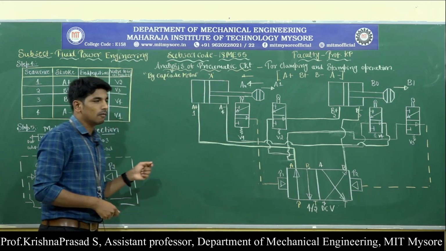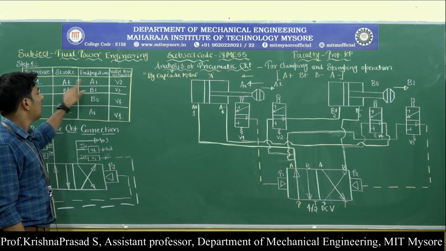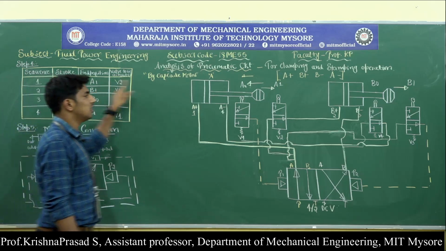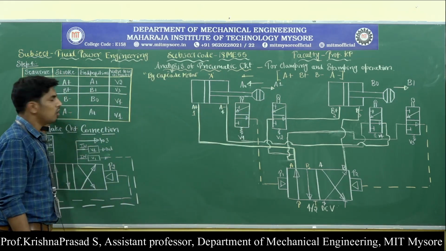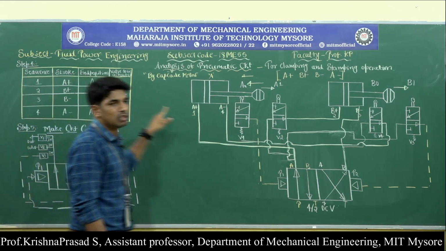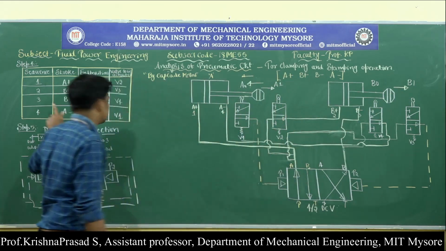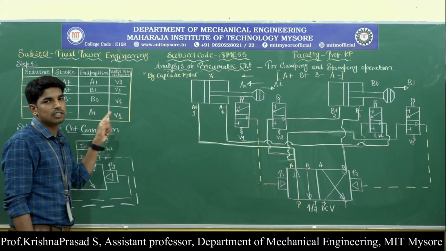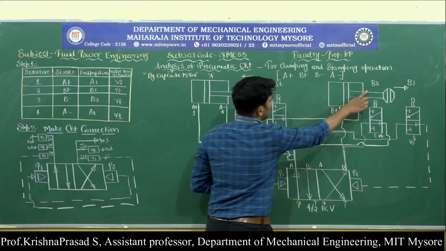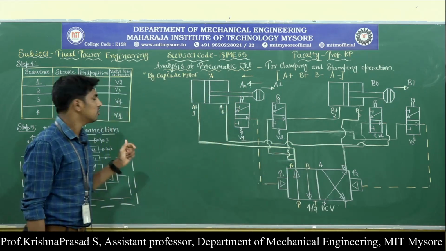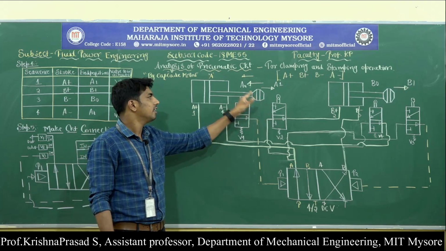For sequence 1, cylinder A should extend, and the end position for the extension of cylinder A is A1. For sequence 2, the end position for the extension of cylinder B is B1. For sequence 3, the end position for the retraction of cylinder B is B0. For sequence 4, the end position for the retraction of cylinder A is A0.